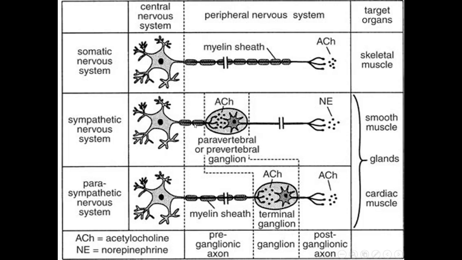The myelinated preganglionic neuron reaches the ganglionic neuron of the sympathetic system, parallel to the vertebral column, and releases acetylcholine to the multipolar neuron. It is unmyelinated and releases norepinephrine to the smooth muscle, glands, and cardiac muscle.